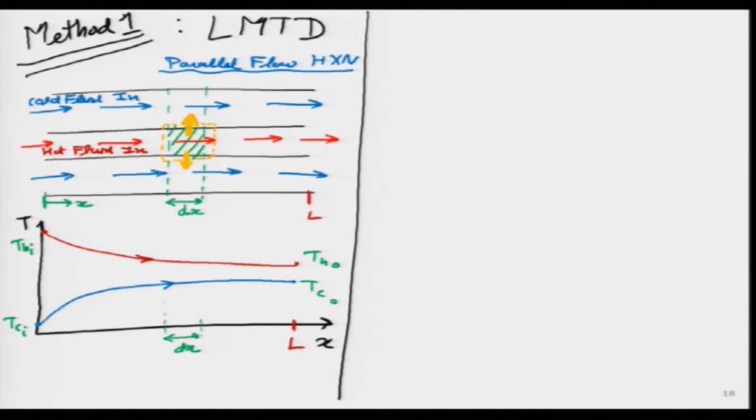So, this total heat will be in terms of watts, it could be 2 watt or 10 watt or 0.1 watt. That I want to write as small delta Q dot. So, it is a small differential amount of heat which has come from the hot fluid into the cold fluid, right.